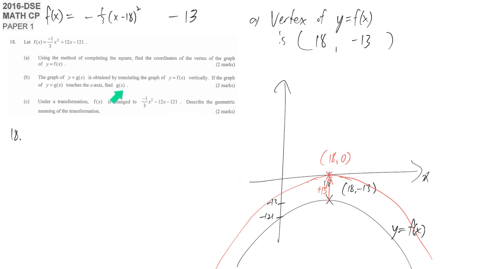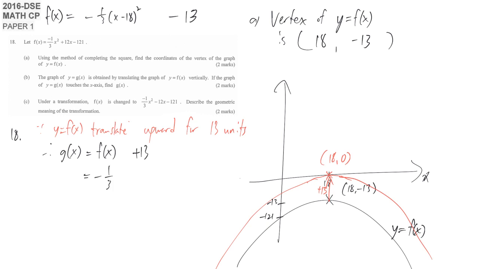We have to find the g(x), so we just need to write it down since y equal to f(x) translated upward for 13 units. Therefore, g(x) is equal to f(x) and then the outcome plus 13.